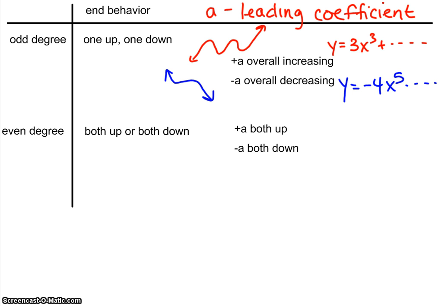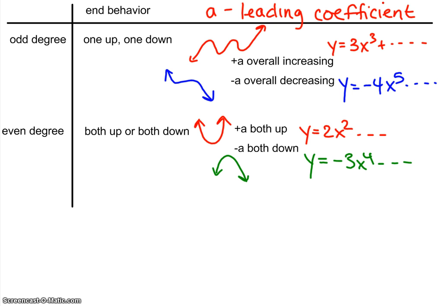We get both tails up when a is positive, so if I have y equals 2x squared, that's one that opens up. When your leading coefficient is negative, so negative 3x to the fourth, that's when we're opening down. So it's good to understand what my graph is going to look like before we even get started.